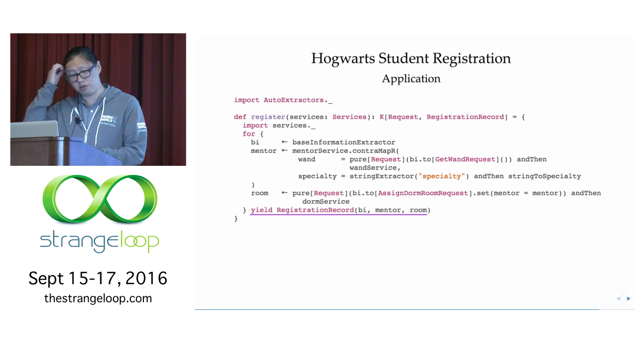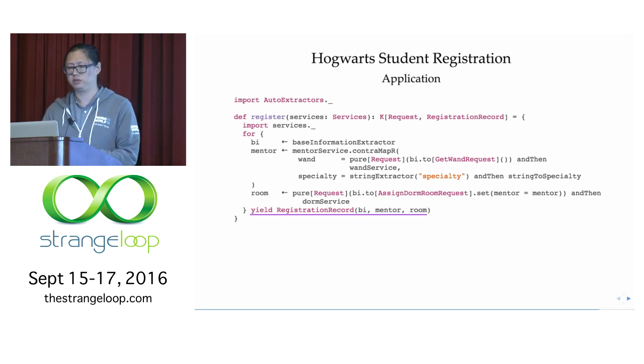And the whole thing you build here is also just a function. So nothing is executed here. So if you want to run it, you can just call register, give it a service, then you call .run, and you give it a request, and you will run that. So it's a description of the application. It's not actually doing anything yet.